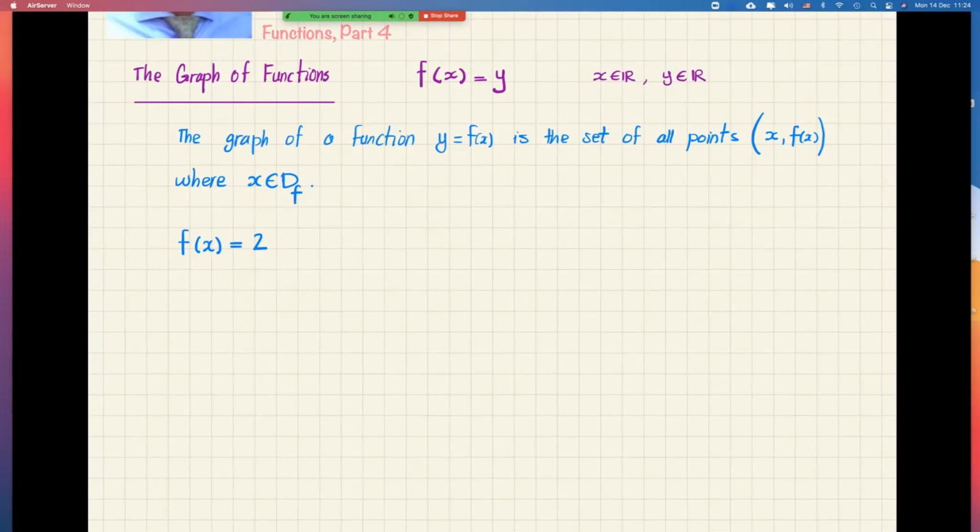It means the values for x that I can choose as an input for my function. Is there any limitation? For example, if I ask you what is f of 5, what is the answer? It's 2. If I ask you what is f of 3, it is 2. So you see there is no limitation.